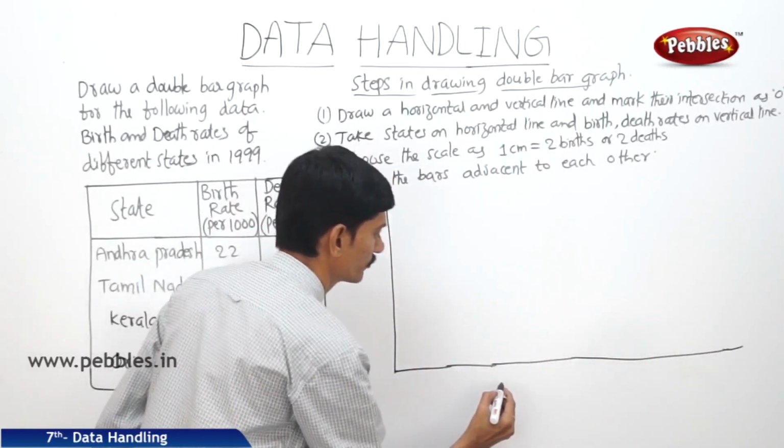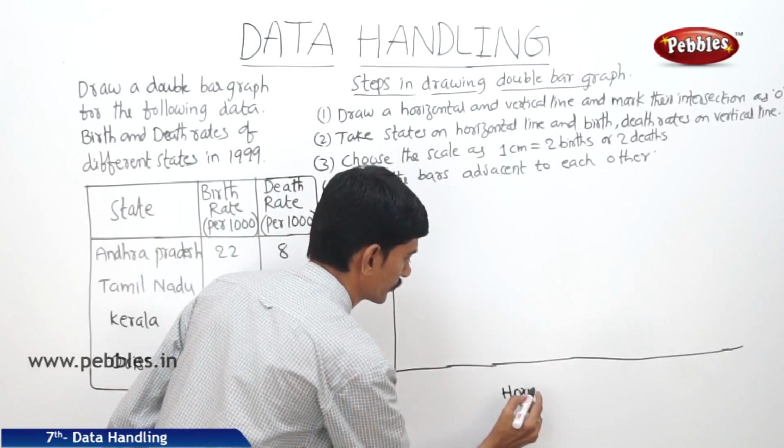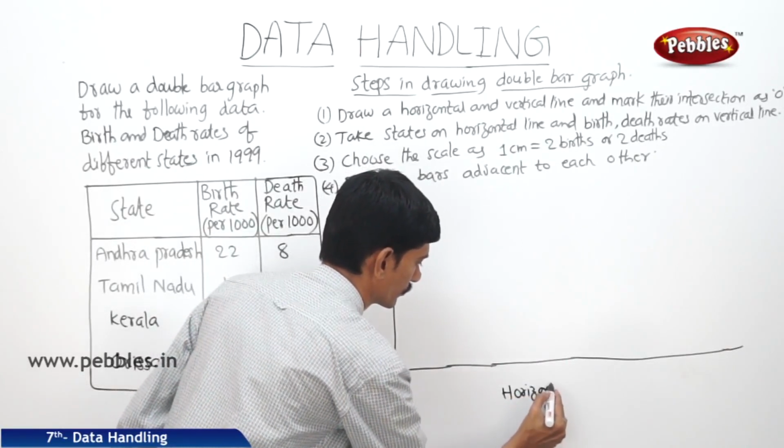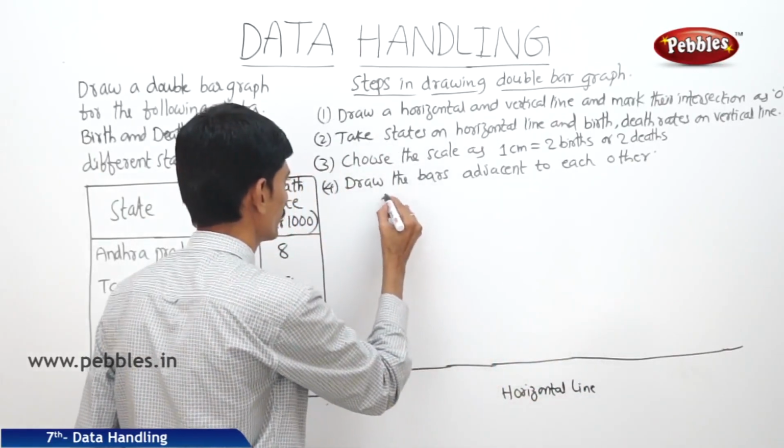So this is the horizontal line, and this is the vertical line.